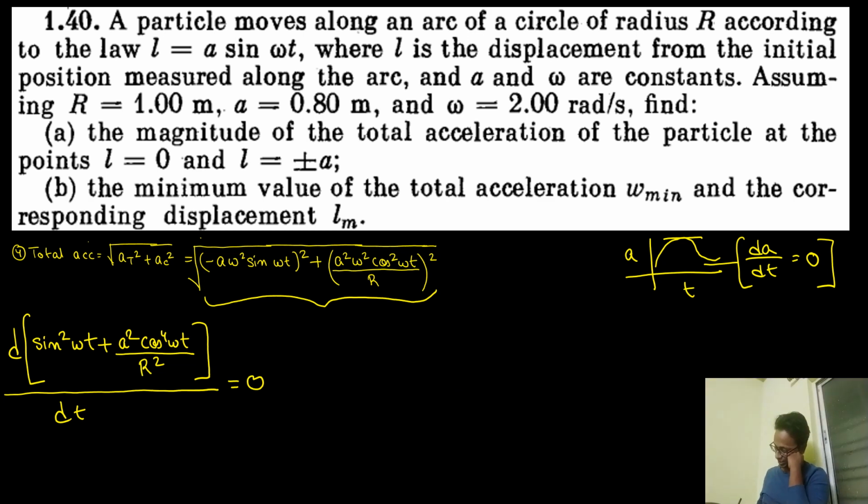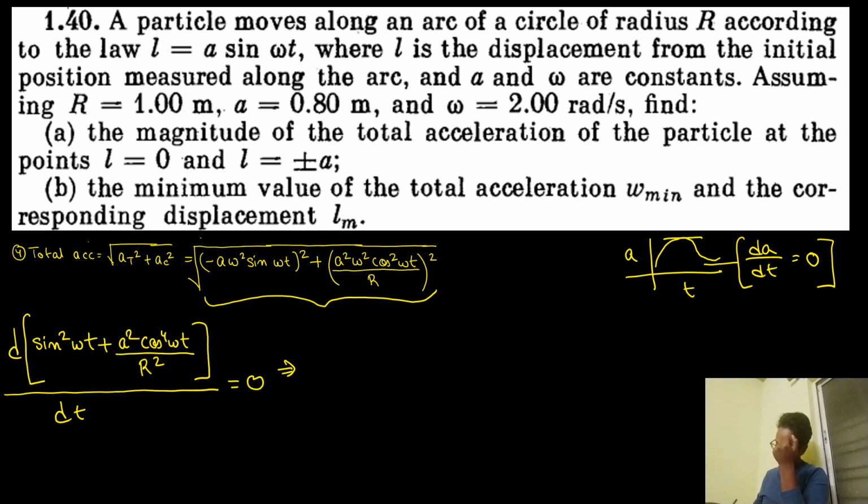Now how do I solve this? Differentiation of sine square omega t is nothing but 2 sine omega t into omega. If I differentiate the second term with respect to time, it is a square by r into 4 cos cube omega t into omega. One more thing, I made a mistake out here.